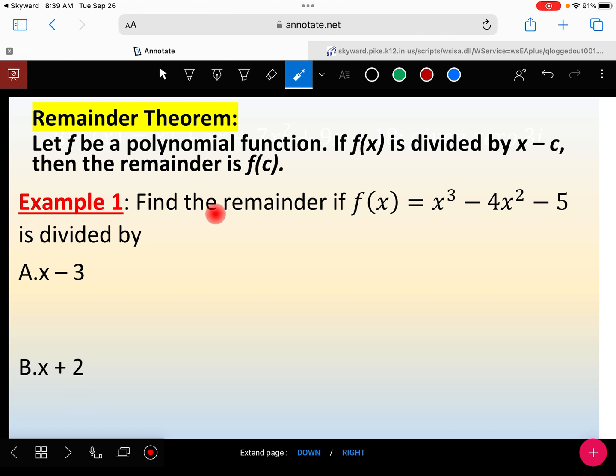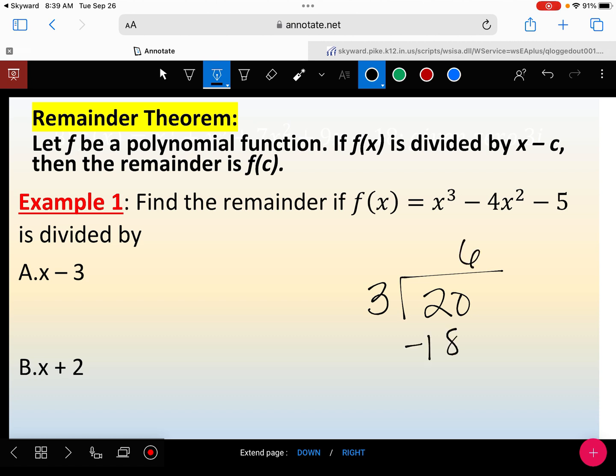First of all, do you know what a remainder is? If you divide a number by a number, what is the remainder? For example, if I said 3 goes into 20, what would be my remainder? 2, because 3 can go into 20 six times, and 2 is what's left over.